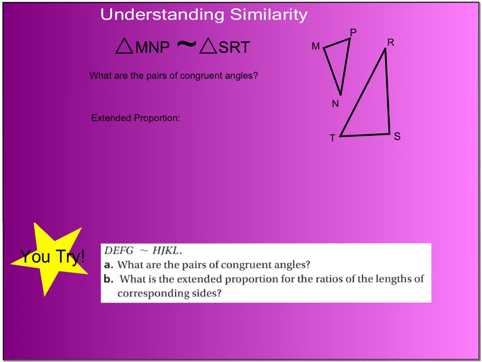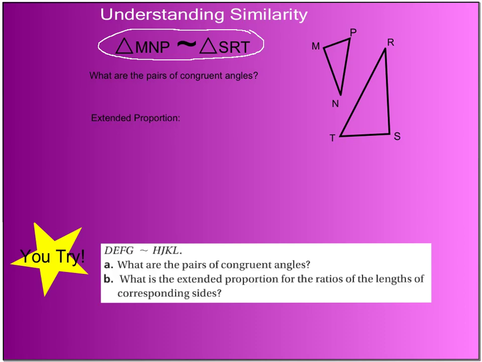However, sometimes the pictures are really hard to interpret. As long as they give me this similarity statement, I have all of the information that I need. If I'm looking for my congruent angles, M is my first letter, S is my first letter.